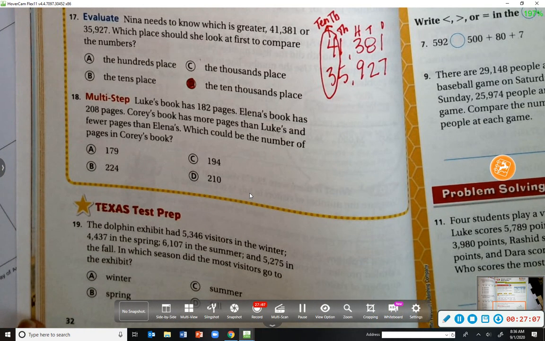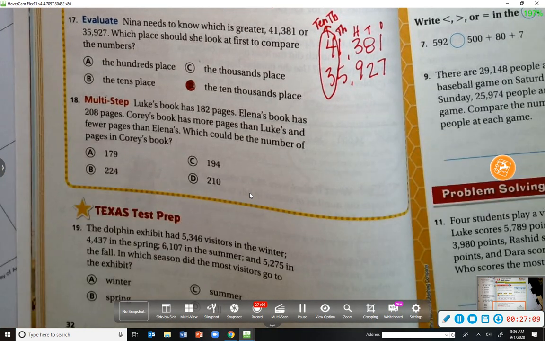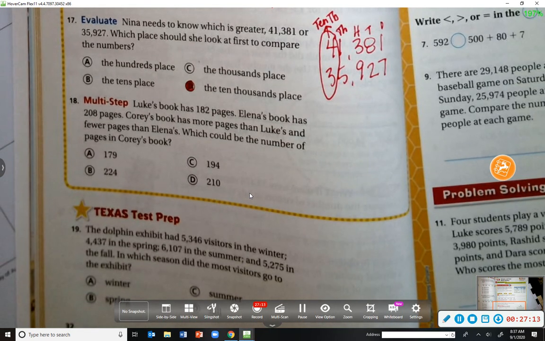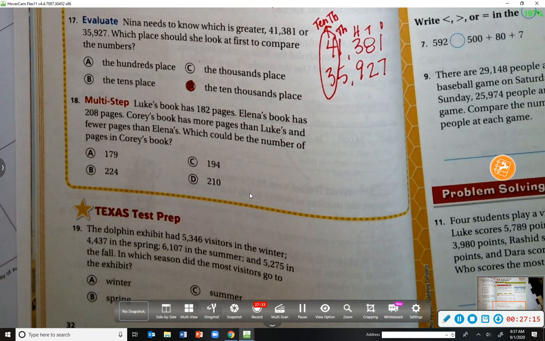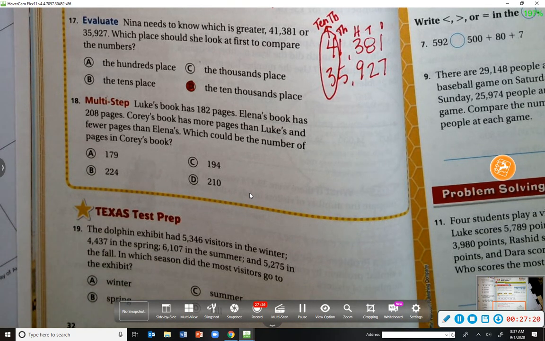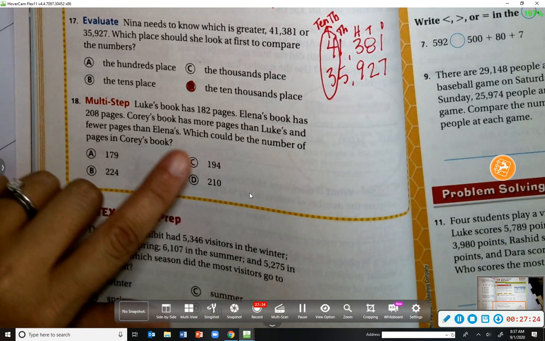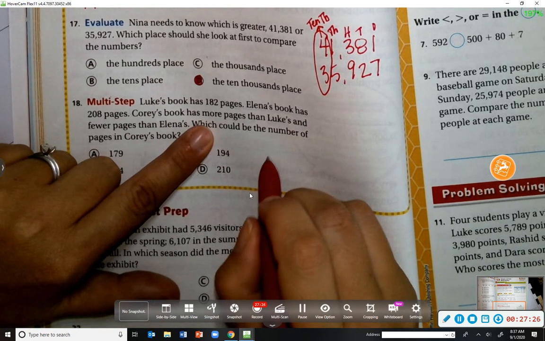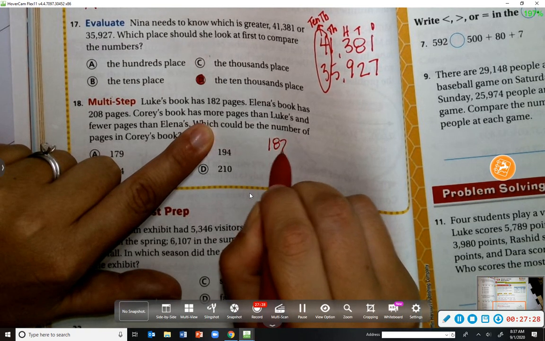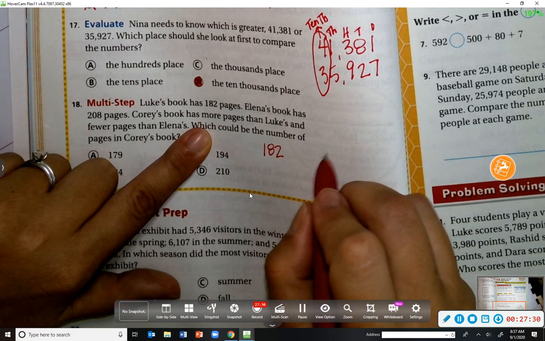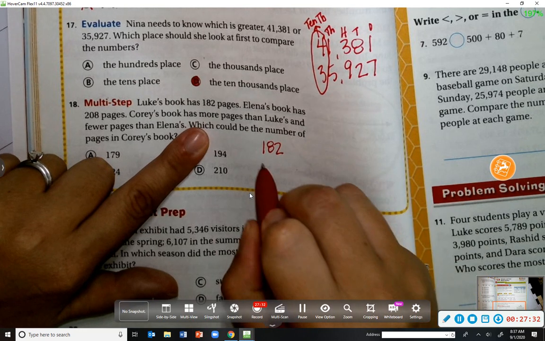Number 18. Luke's book has 182 pages. Elena's book has 208 pages. Corey's book has more pages than Luke's and fewer pages than Elena's. Which could be the number of pages in Corey's book? Okay, so I want to go ahead and put these numbers down. 182 was Luke.